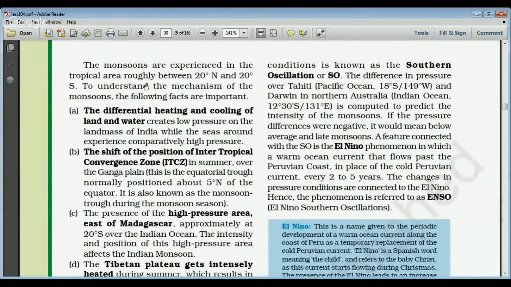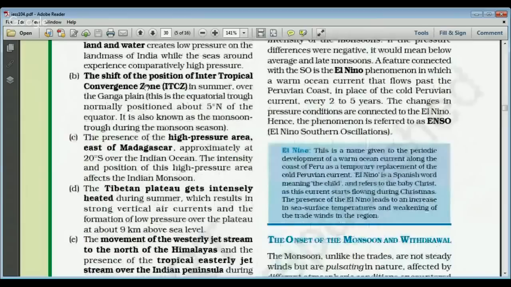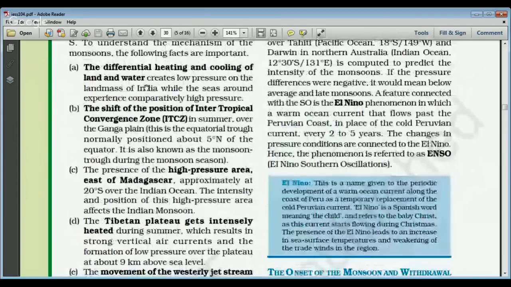And to understand the mechanism of the monsoon, the following five factors are very important. The first and the most important condition is the differential heating and cooling of land and water, because it creates low pressure on the landmass of India, while the seas around experience comparatively high pressure.